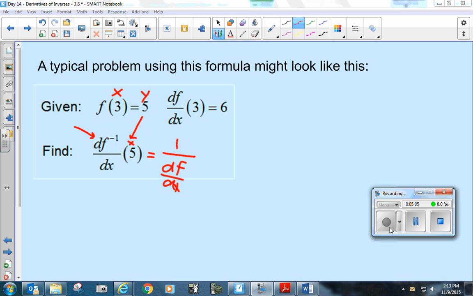The derivative of the original function at 3 is 6. So that would end up being 1 over 6. Because they're asking why I flipped, and they're asking now for the y of the original, which becomes the x of the inverse. Okay, I want to stress that. Alright?